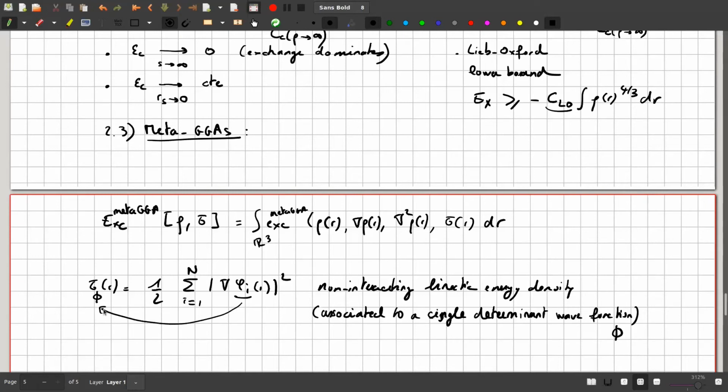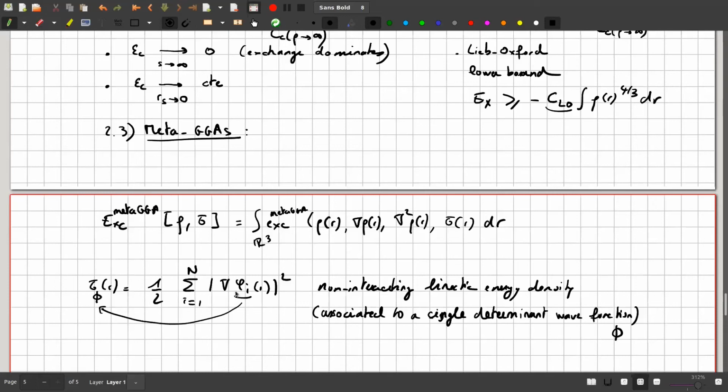So these meta-GGAs are still considered as belonging to the semi-local approximations, in the sense that this tau contains semi-local information with respect to the orbitals at r.